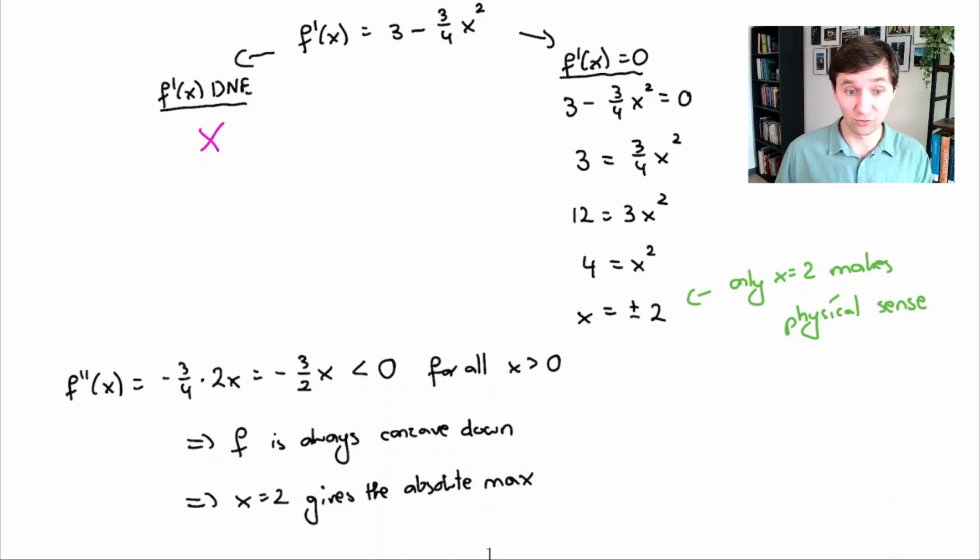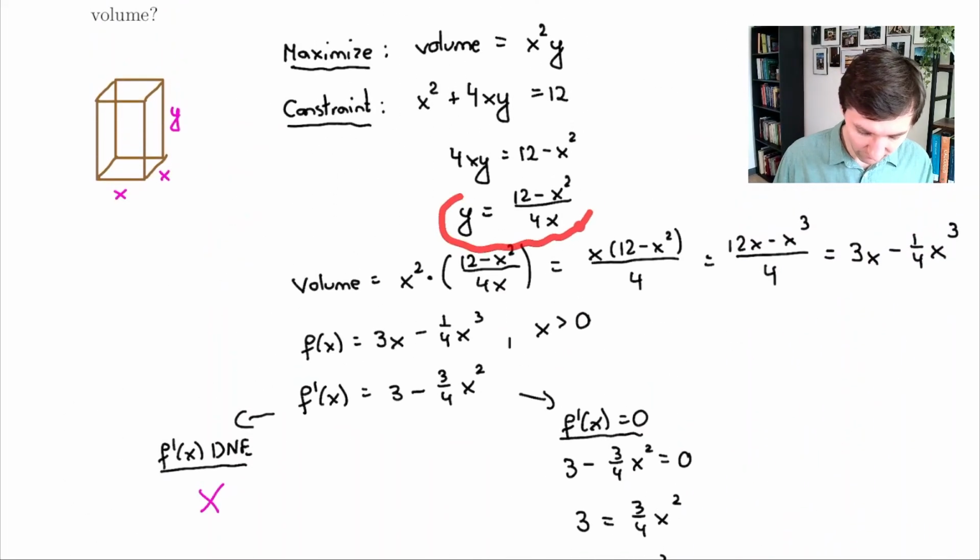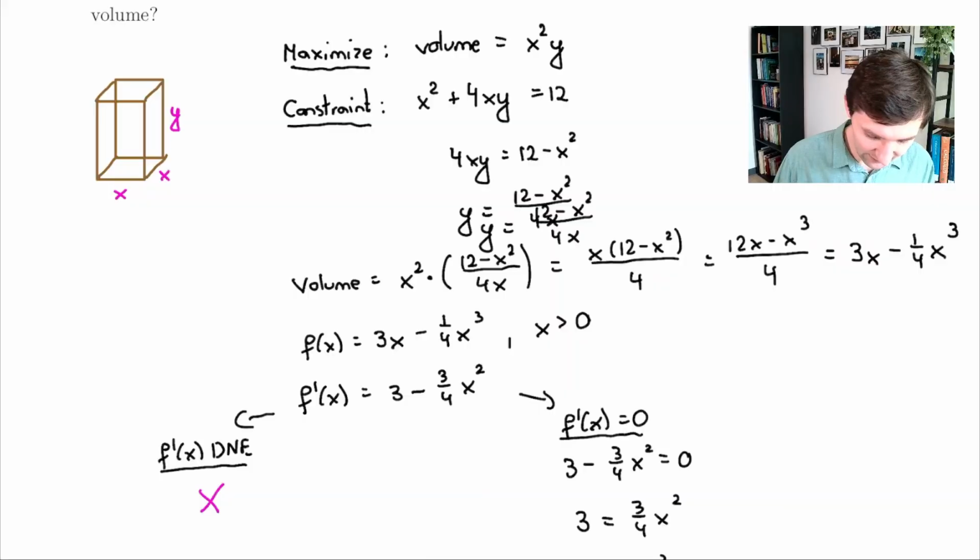Now, x is 2. What is y? We have a formula for y. The formula for y was (12 minus x squared) divided by 4x. Let's plug in x equal to 2 to this expression and see what we get.